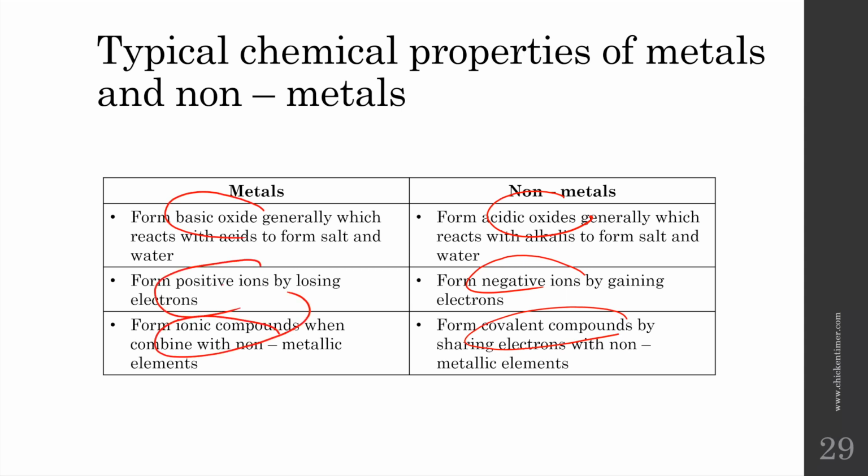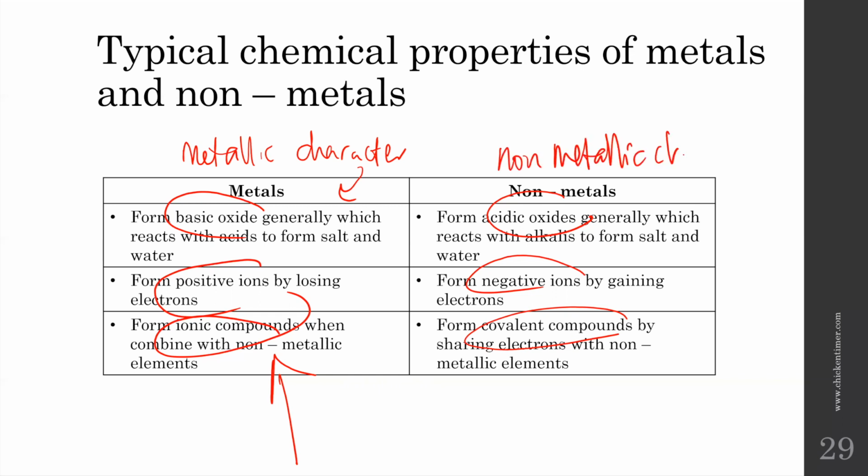So when we say that it has metallic character, it means it has this kind of reaction. If it's non-metallic character, it will be the other one. If the textbook, if the notes say element X has a metallic character, that means it can do these three things.